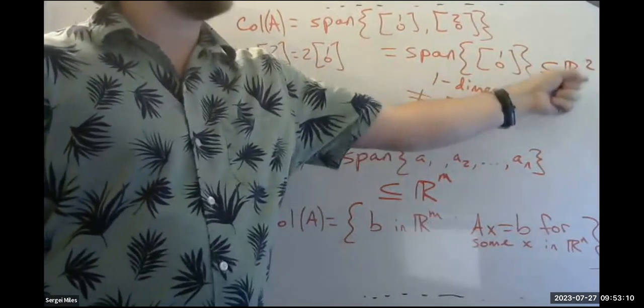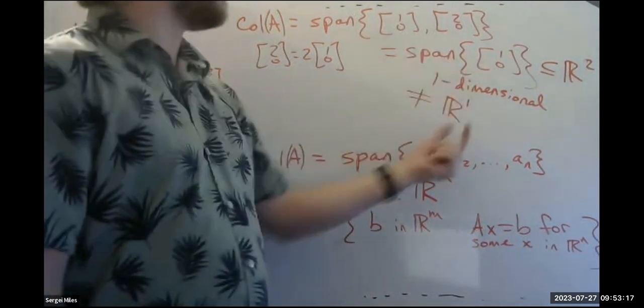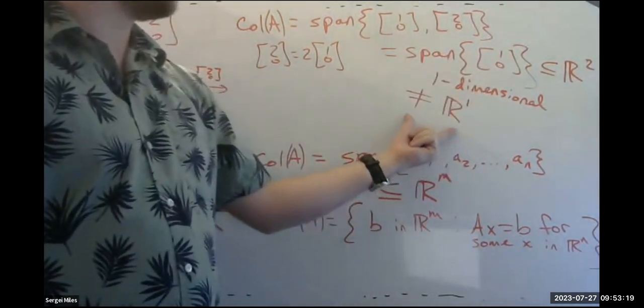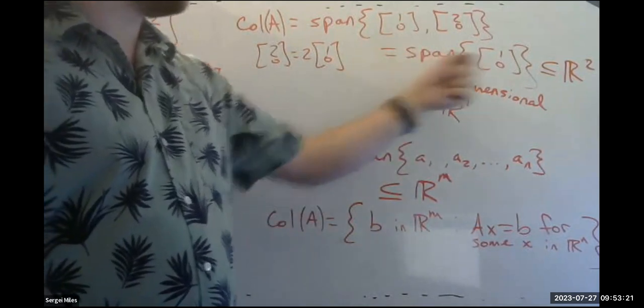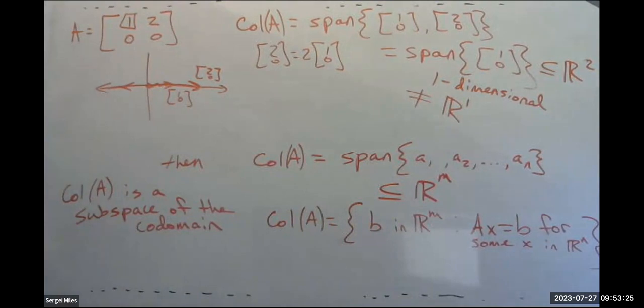It does not equal R2. It is a one-dimensional subspace of R2. So this is a very key point to get the vocabulary straight in your head. The span of a single vector is a one-dimensional space, but being one-dimensional does not mean you equal R1. Being two-dimensional does not mean you equal R2, right?